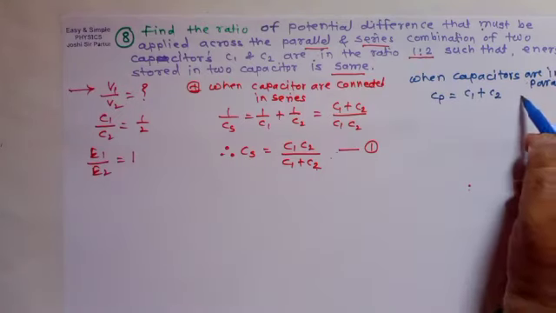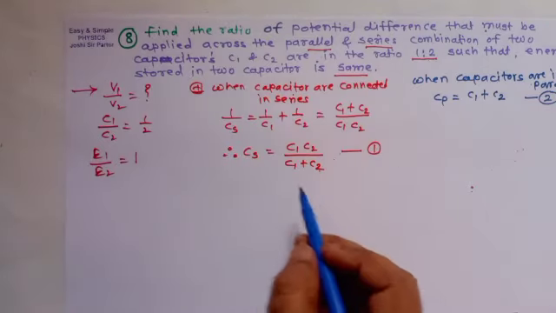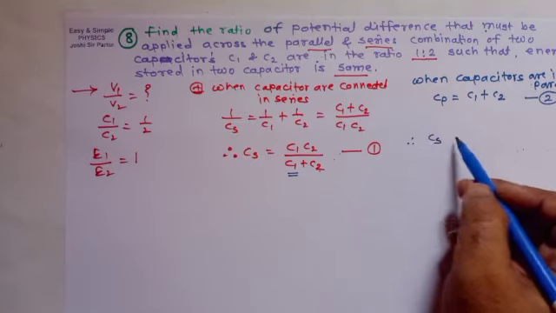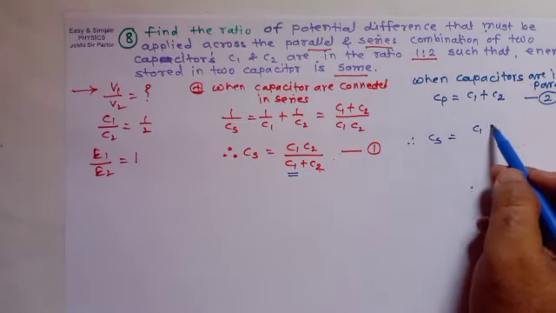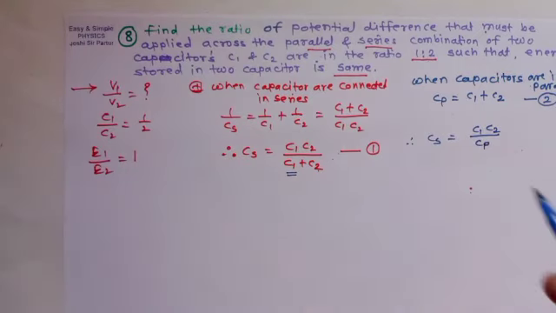Suppose this is equation number 2. Here in equation 1, at this stage we can write Cs is equal to C1 C2 upon Cp, because Cp is C1 plus C2.